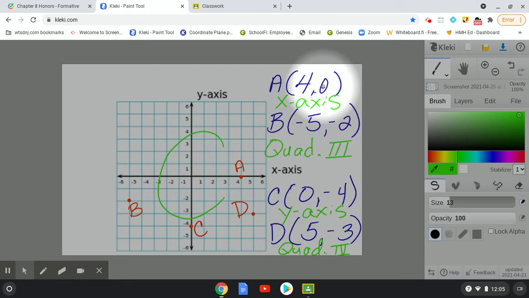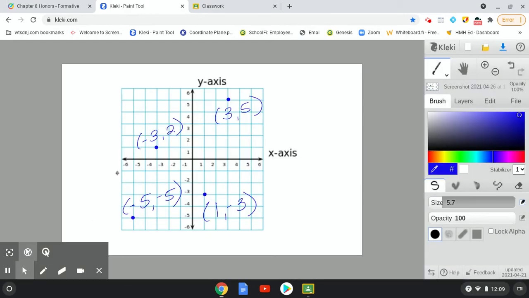All right, the other thing I want to talk about is the signs of where your plotted point lands, what they would be in your ordered pair or your coordinate. Okay, so if you notice, I have some coordinates plotted or graphed on my coordinate plane, and I labeled them with the actual coordinate, the numbers associated with them.